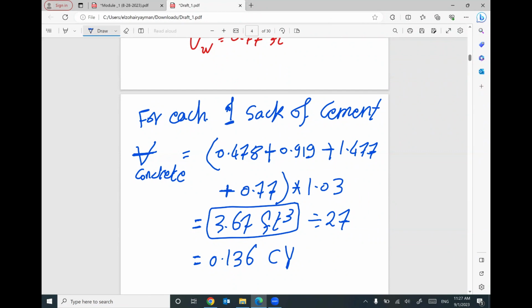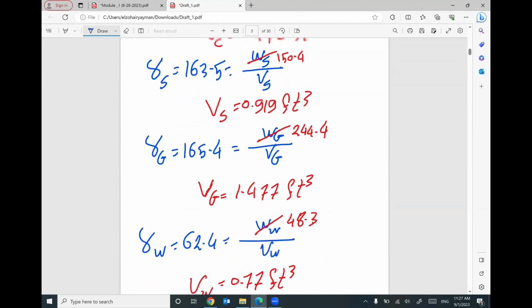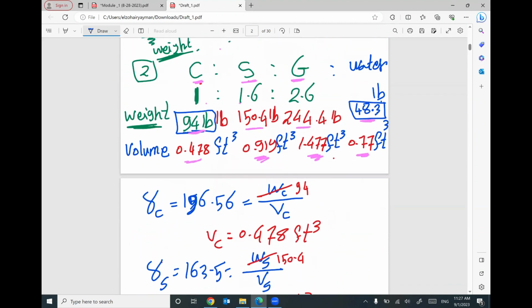One more time, keep in mind all of these calculations are based on 1 sack of cement. I found this 1 sack of cement will need 94 pounds of cement, 154 pounds of sand, 244.4 pounds of gravel, and 48.3 pounds of water.